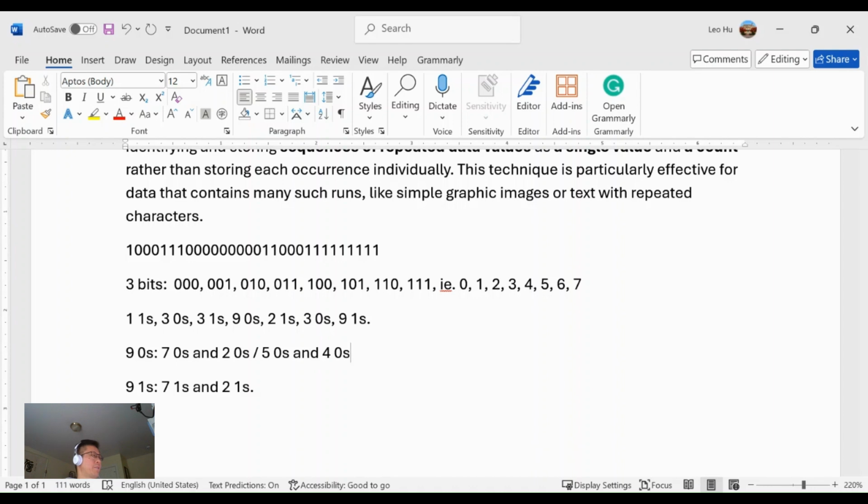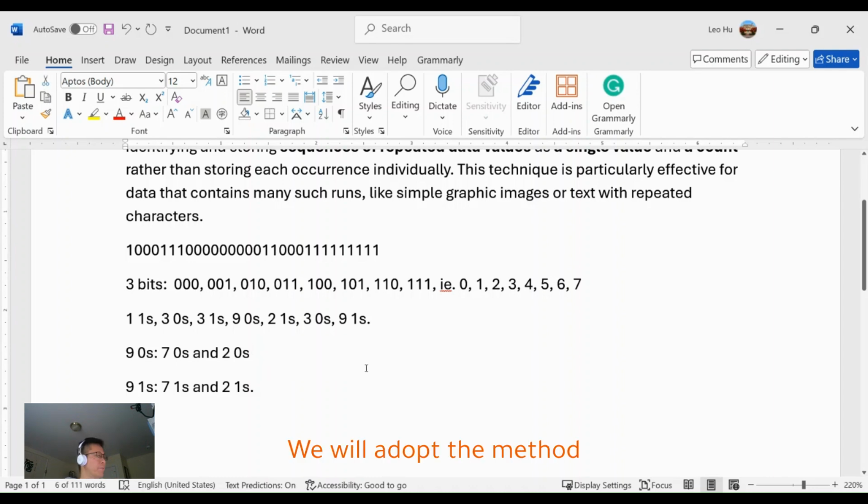Sure, that's okay, because you can also use 3 bits RLE to represent it. However, we always try to make a full group, that is 7 bits in a group first. Okay, that is more efficient. So we will adopt the method: divide 9 zeros to be 7 zeros and 2 zeros.